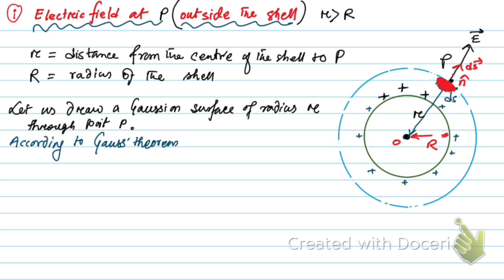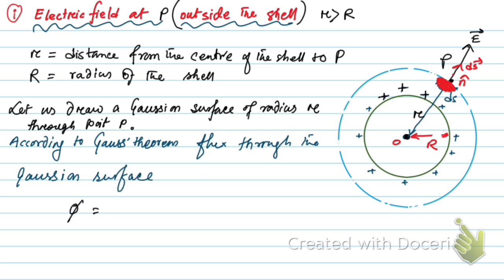Then the flux through this Gaussian surface, according to the Gauss theorem, is given by phi equals the surface integral of E dot ds, which is equal to the charge enclosed by the Gaussian surface divided by epsilon naught.